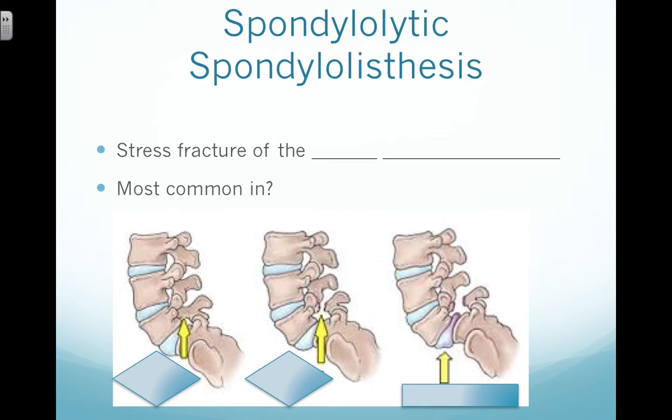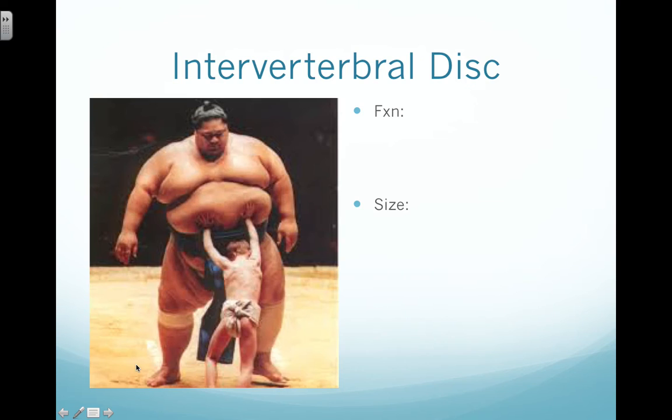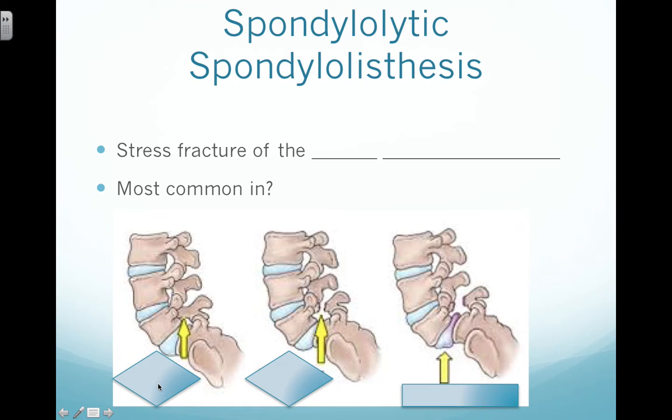With that repeated extension, it most commonly occurs at L4, L5, just due to the orientation of the way in which L5 is positioned. It starts to gain more stress, especially if we have more of a degree of curvature there.